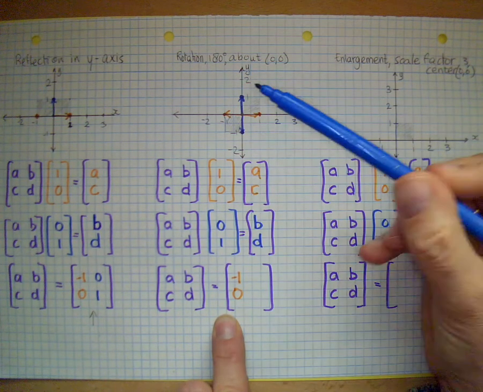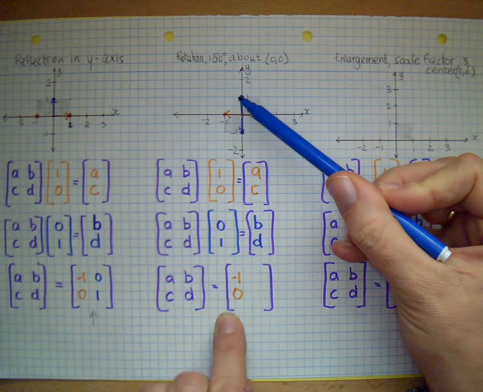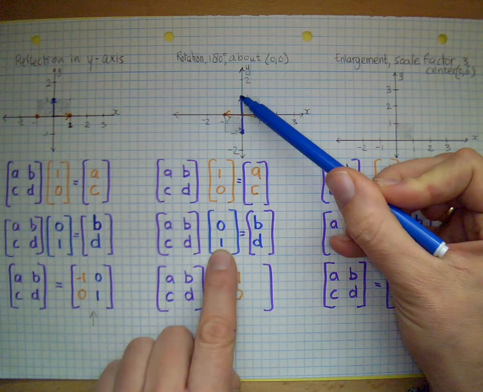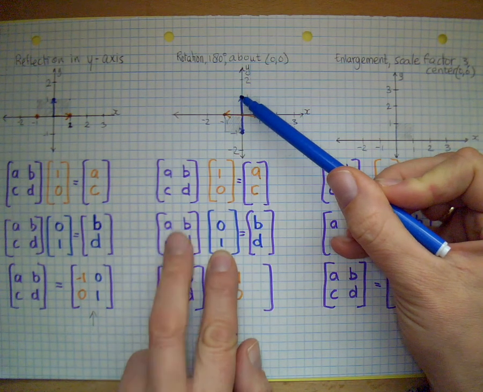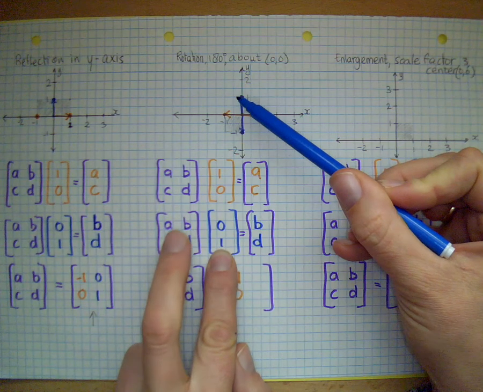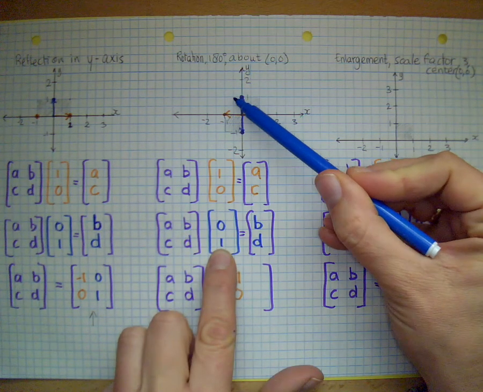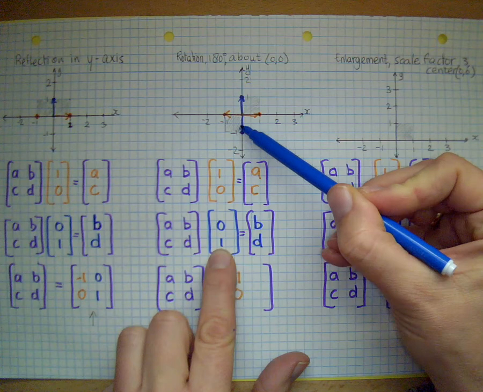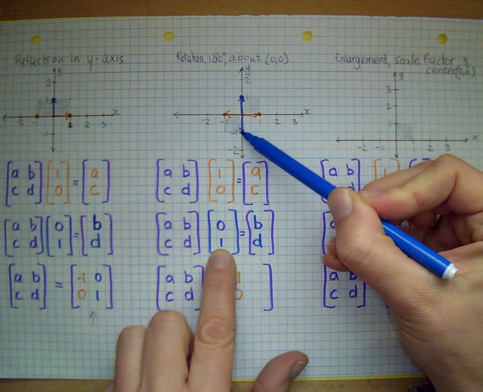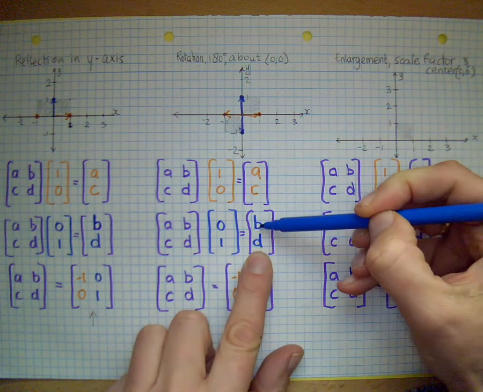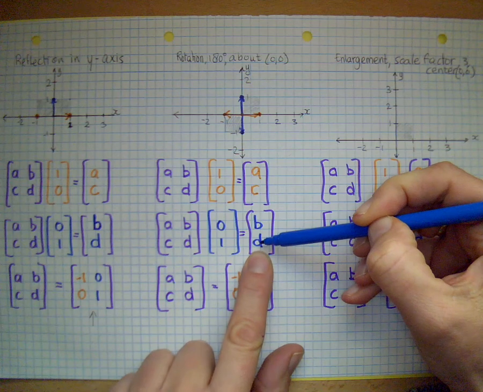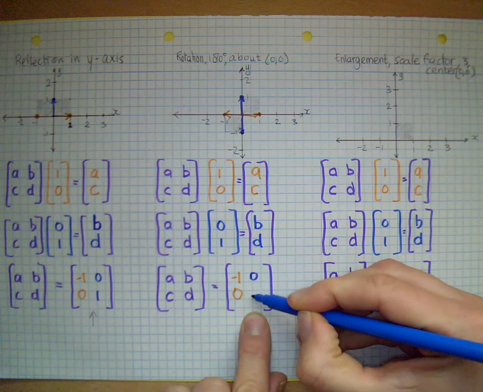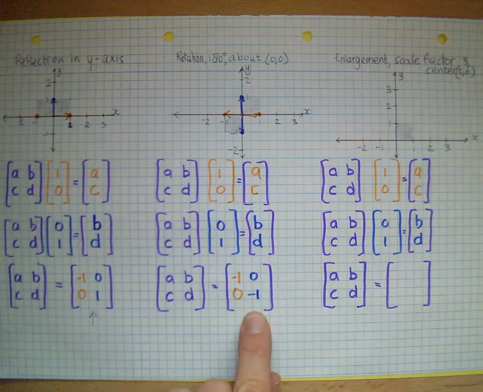Same for our blue vector. This is our blue original vector. We applied the transformation matrix to it, and it gave us a new vector of 0, -1.